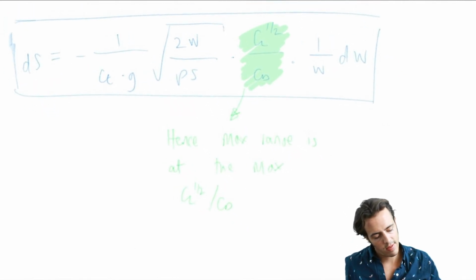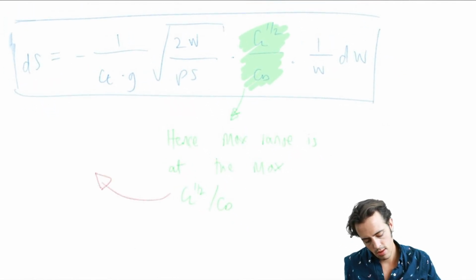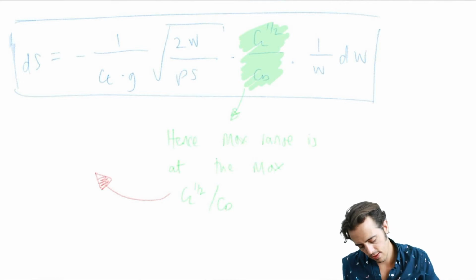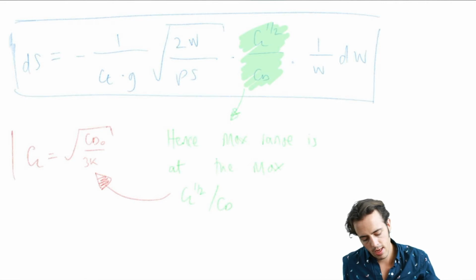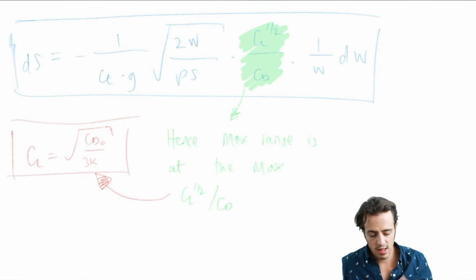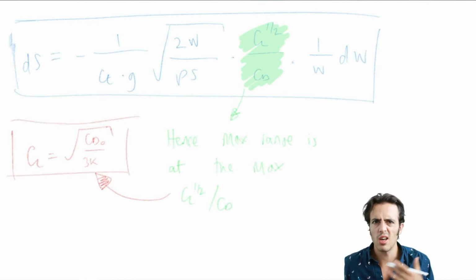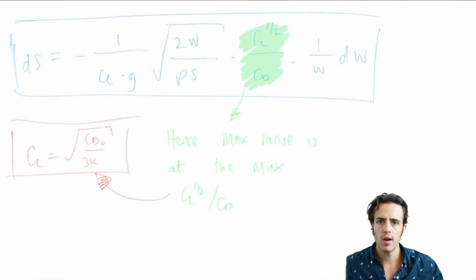And I'm going to leave it to you guys to show that the condition that gives this is where CL is equal to the square root of CD0 on 3K. Okay, so that's slightly different. Remember that for our minimum drag speed, it was the square root of CD0 divided by K. This is the square root of CD0 divided by 3K.